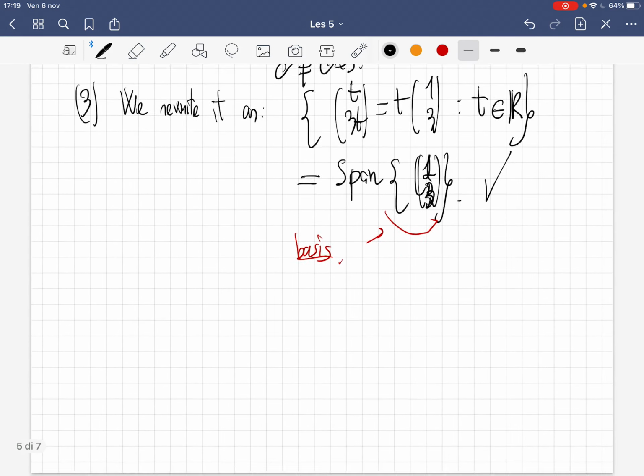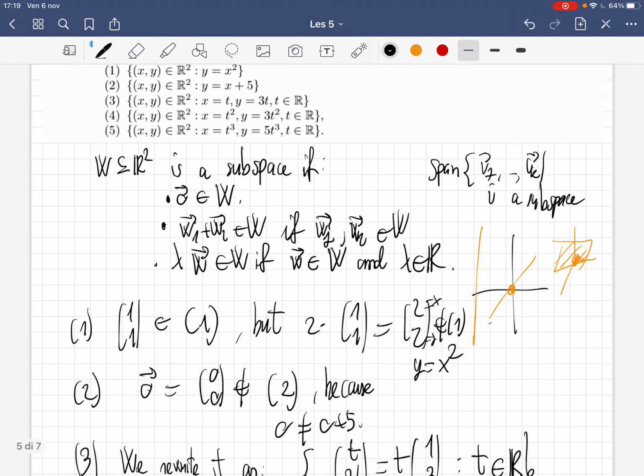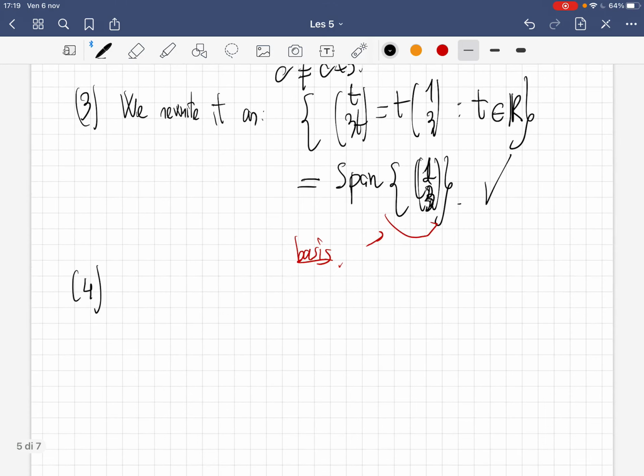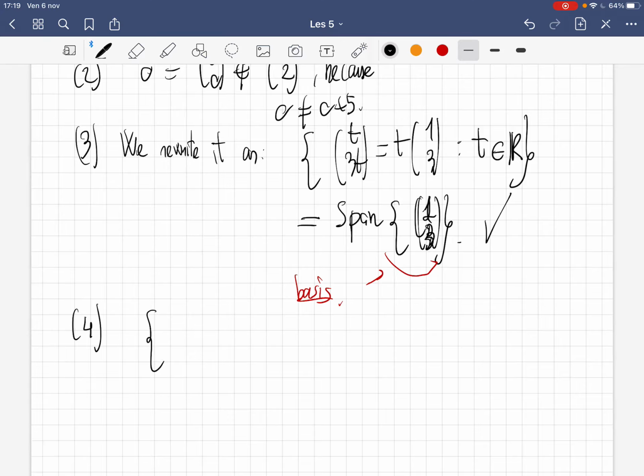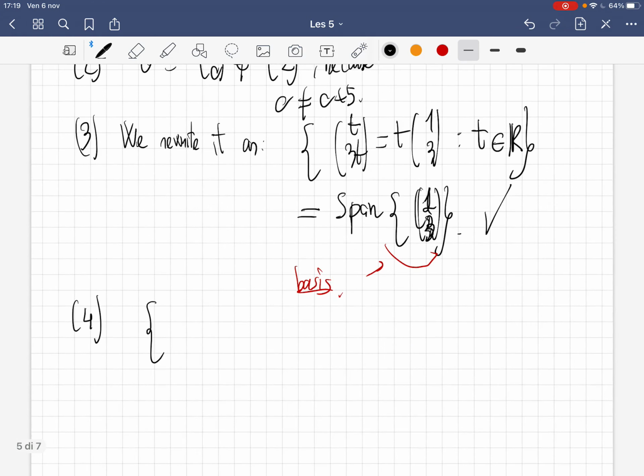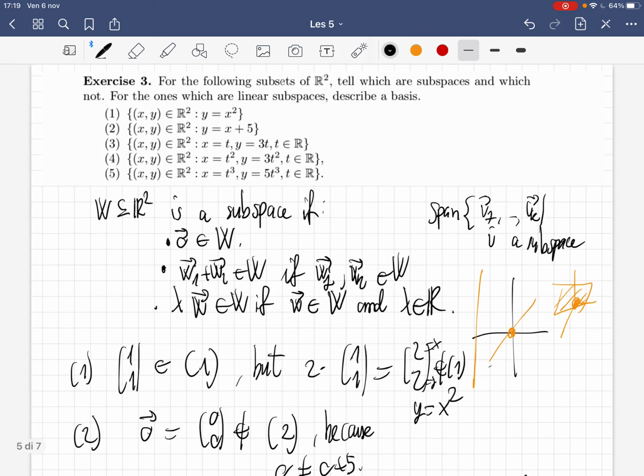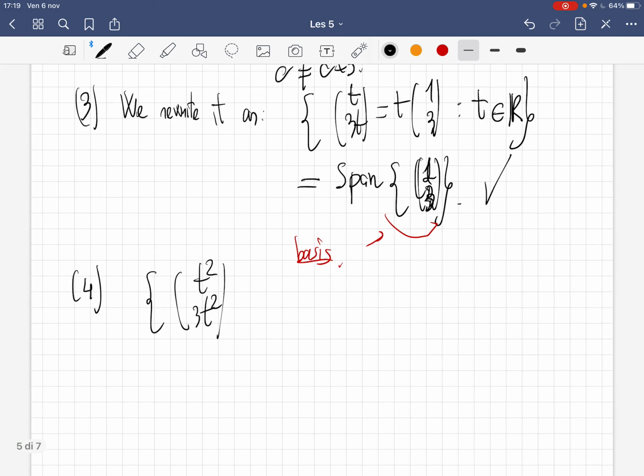So what about the fourth? Well, let's say that it's of this form, and then you can rewrite it as t squared times (1, 3), and there's a problem here.